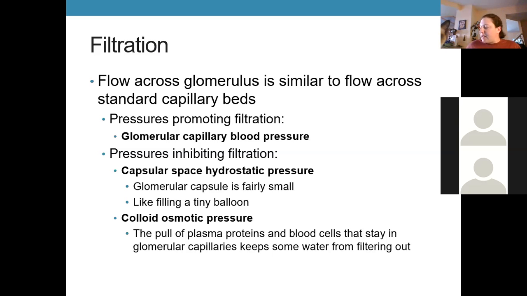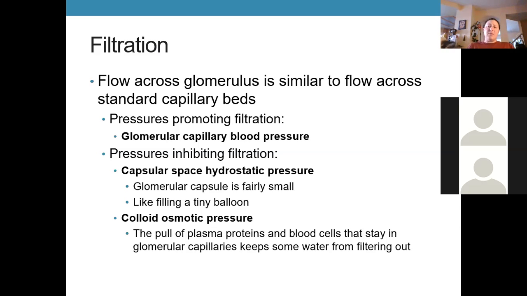The other thing that tries to stop filtration is the proteins and cells that stay in the blood. So the filtration membrane, which we learned about last time, is small enough that the proteins in the blood and the cells in the blood are not able to exit.